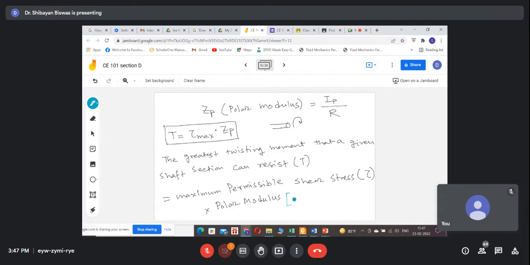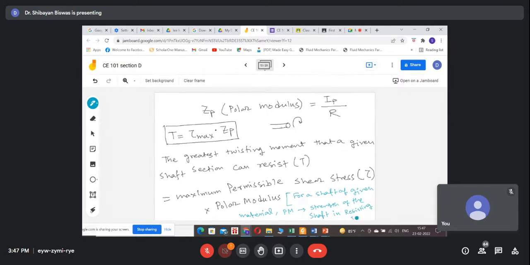For a shaft of given material, this polar modulus actually represents the strength of the shaft in resisting torsion.